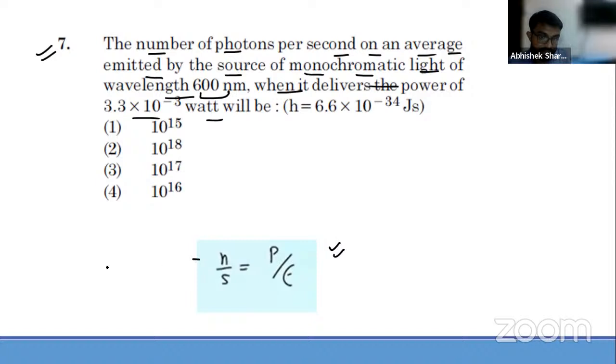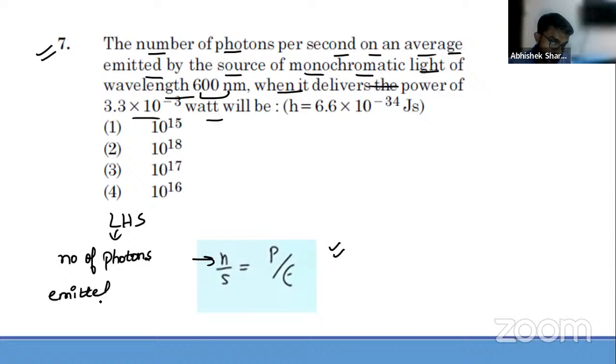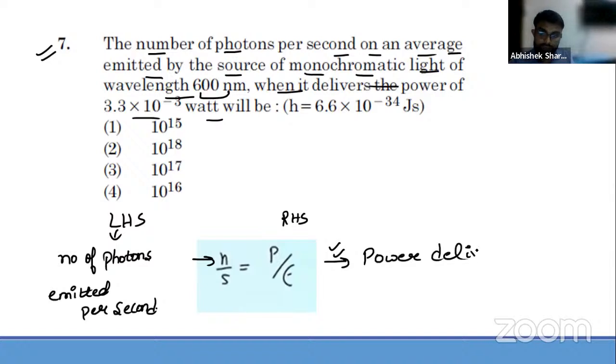On the left hand side, the physical significance or the interpretation is this: number of photons emitted per second is equal to, on the right hand side, power delivered upon energy.